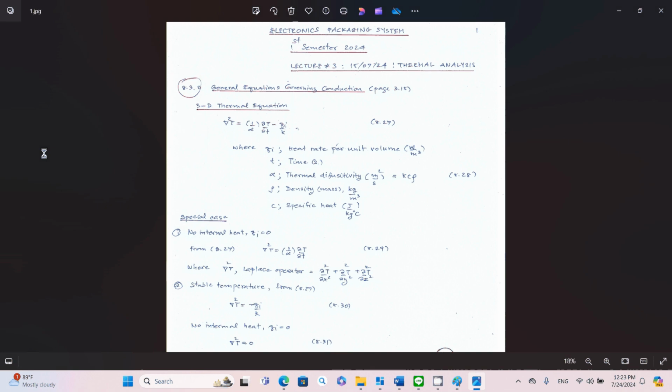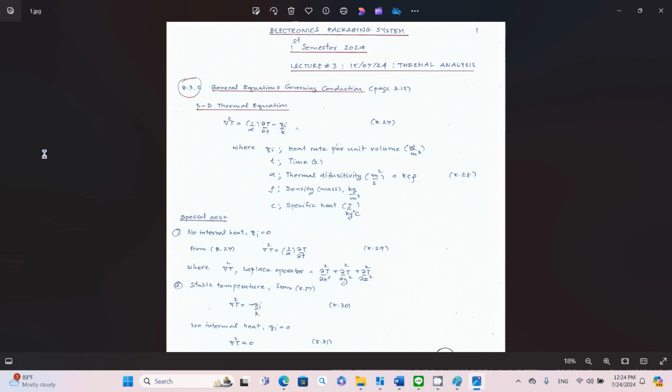Hi, everybody. Let's move on to lecture number 3, thermal analysis. For the last lecture, I introduced the thermal resistance network and how to find your junction temperature for a more complicated system, and I left off with the chip carrier.